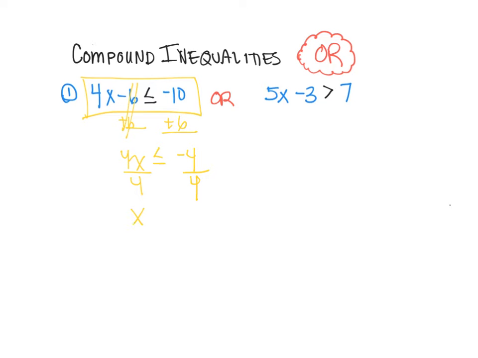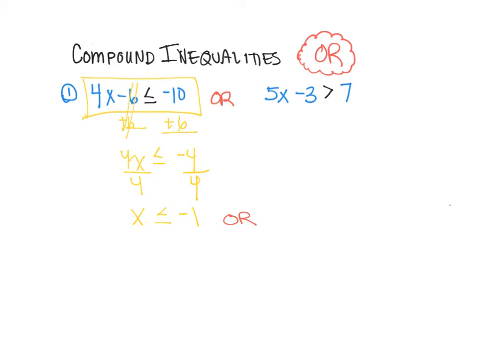Since I'm dividing by a positive 4, there's no reason for me to change the direction of the inequality symbol. And so we solve the first part of the compound inequality with the solution x is less than or equal to -1.